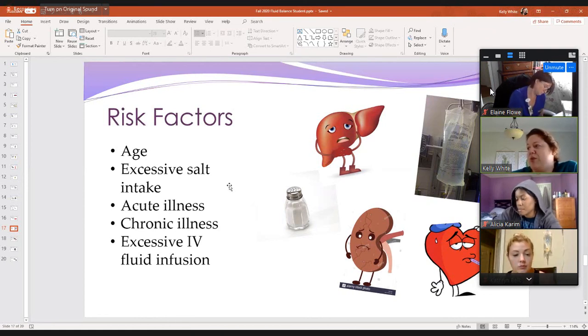With your acute illnesses, a lot of times surgery can cause swelling. We pump you full of fluids during surgery or during labor. So your body is dealing with that trauma and trying to keep everything regulated, but you may end up retaining some of that fluid that we give you.